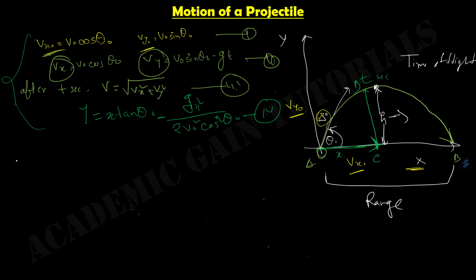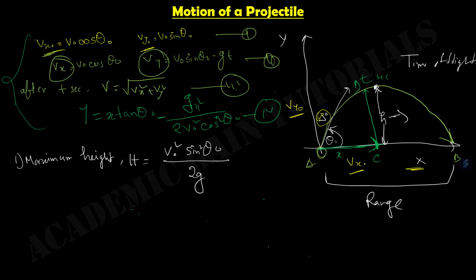First of all, if I want to find out the maximum height h of the projectile, h equals v naught square sine square theta naught by 2g.